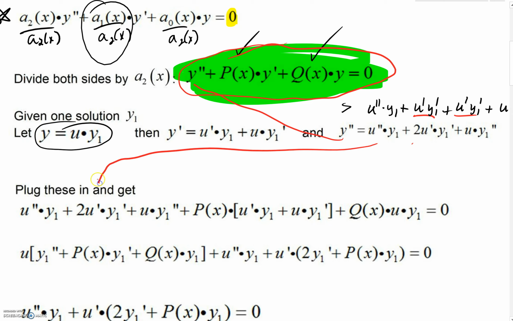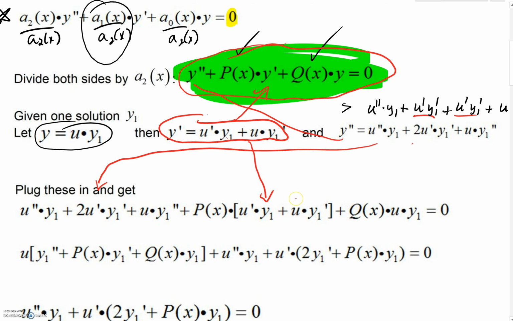What do we get? Well, we're going to get this. Just recopying it is all we're going to do. Then we're going to say, well, we've got our p of x times y prime. Recopy our p of x, but then take your y prime and plug that in. And that's what we've got right here.